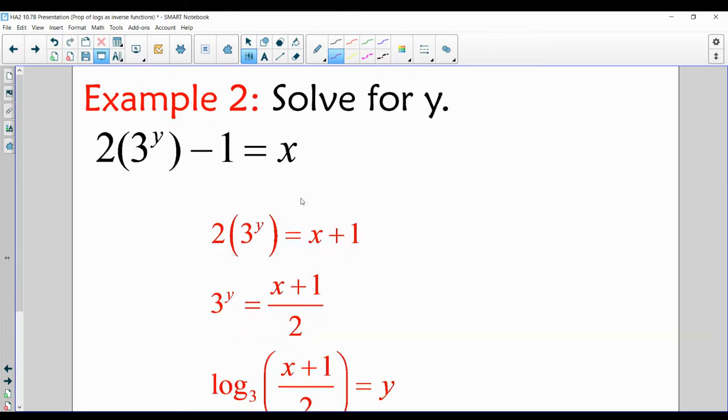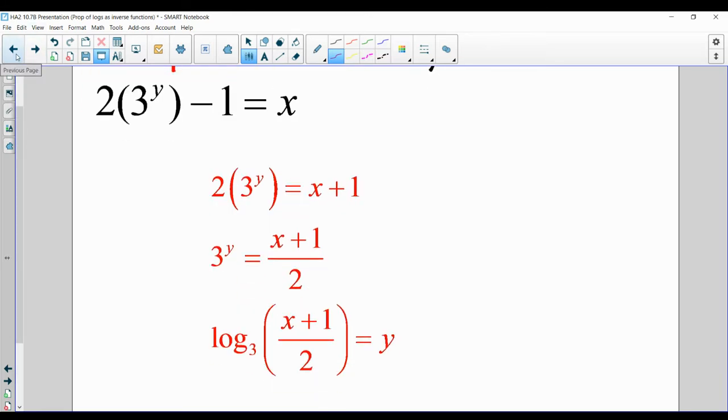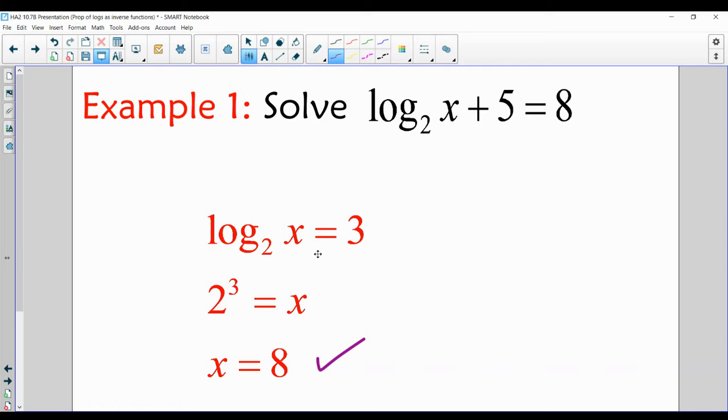So the moral of the story on both of these problems is when you get to a certain point, if you are in either logarithmic or exponential form and you get stuck, switch it into the other form and see if that helps. So when I got to here, I sort of got stuck, although you can kind of figure out what this number is.